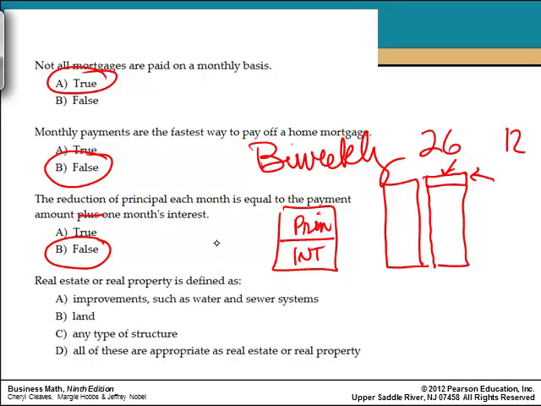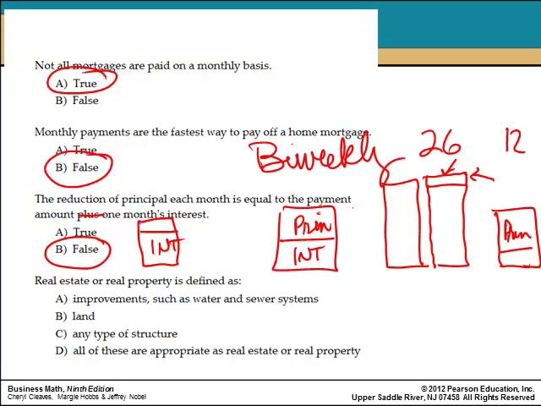That interest payment at the beginning takes up almost all the payment. When you get towards the end, the principal takes up almost all of it. Why? Because your mortgage gets smaller and smaller each month as you get closer and closer to the end.